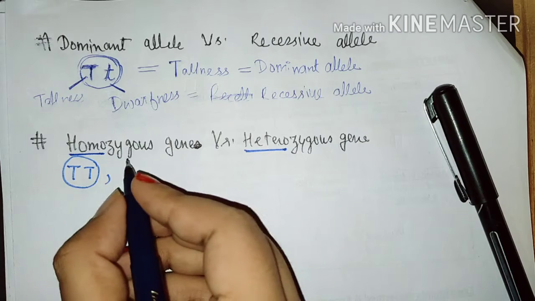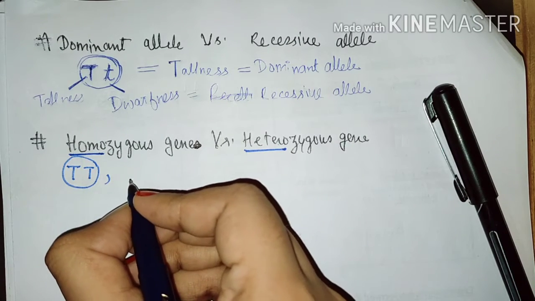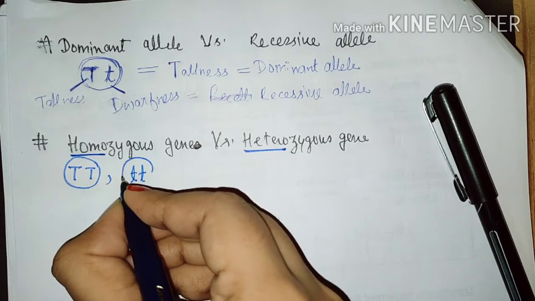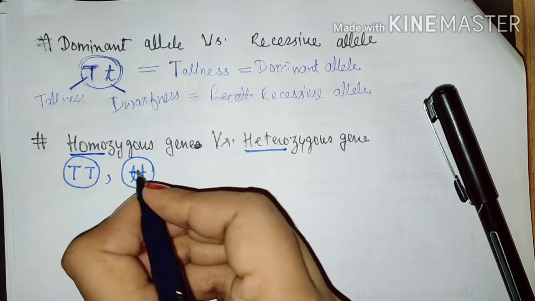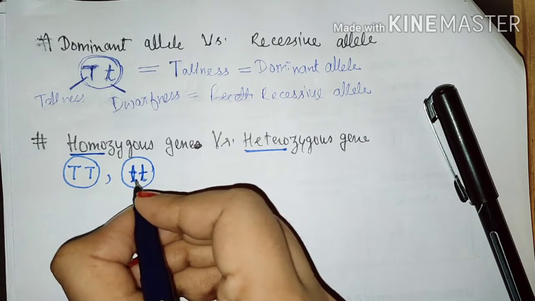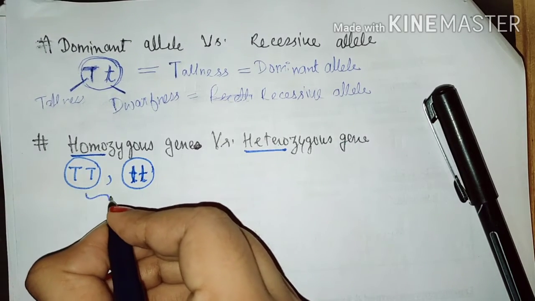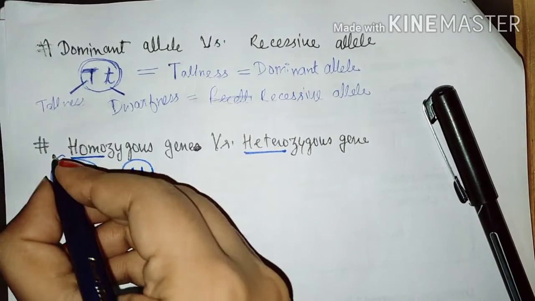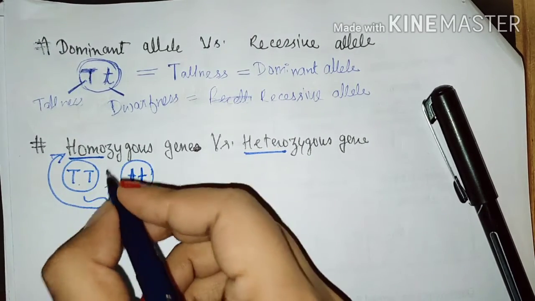Again, when I say that for dwarfness this gene is responsible, in this gene again small t, small t, both are the same. So these two will be examples of homozygous genes.